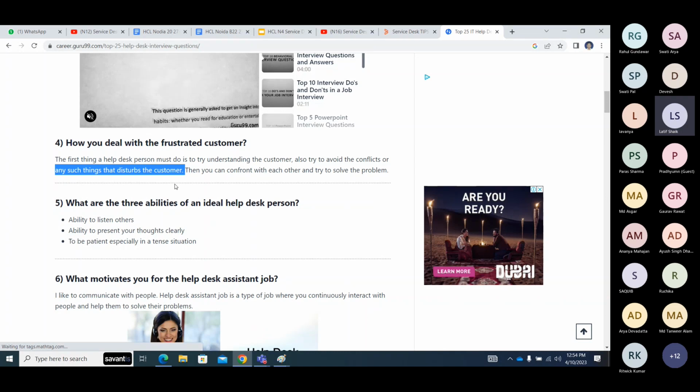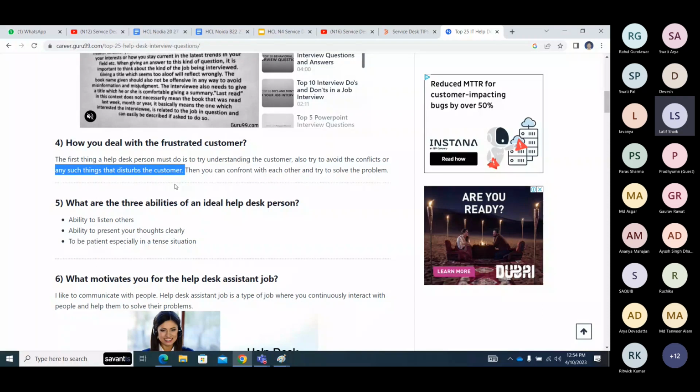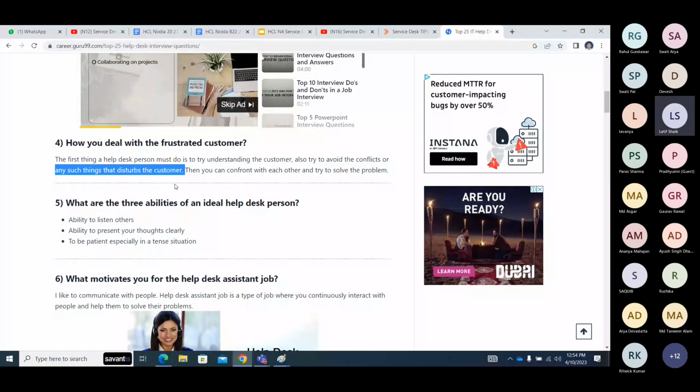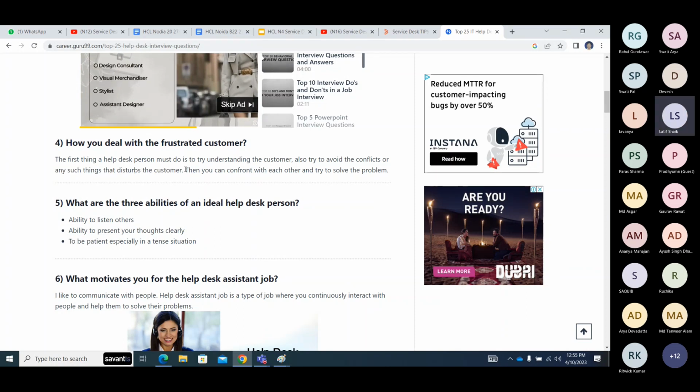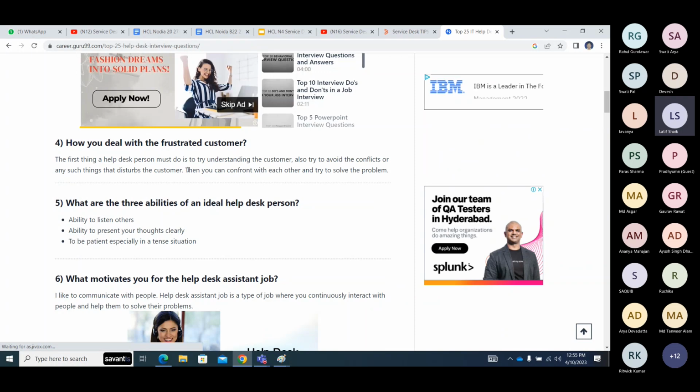Why is the customer getting frustrated, whether an individual user or at the organizational level? Maybe your organization is not resolving customer issues on time, or one issue is solved but another is always pending, or proper replies are not given. So you have to listen carefully and avoid conflicts.